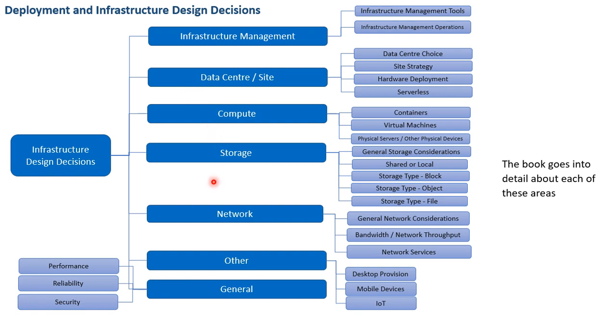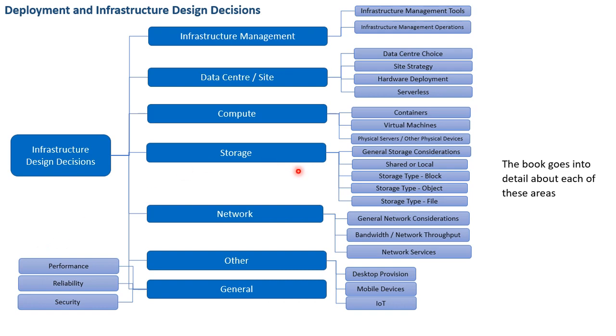These three, compute, network, and storage, often come together, because especially when you get to the more virtualized realms, they come as a triple. And I've outlined some of the key decisions to be made there, and you see again at the bottom the three: performance, reliability, security, which flows throughout almost all decisions that you'll make, for application, data, and infrastructure design.